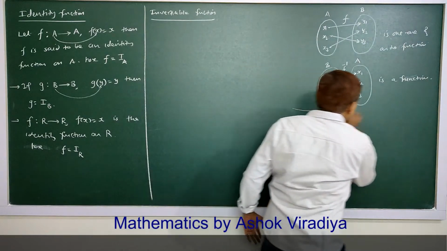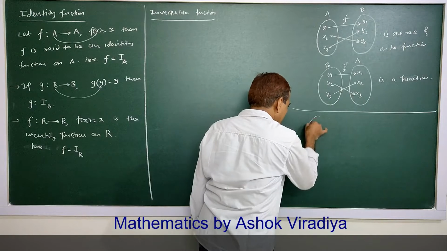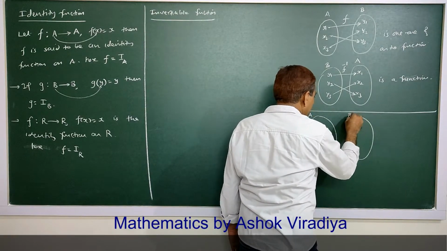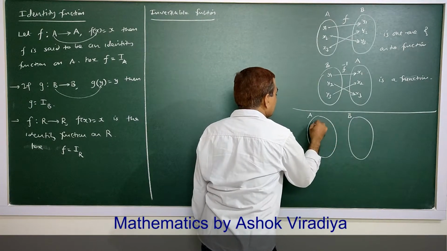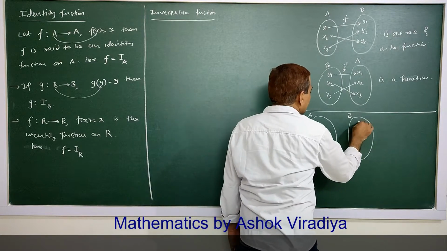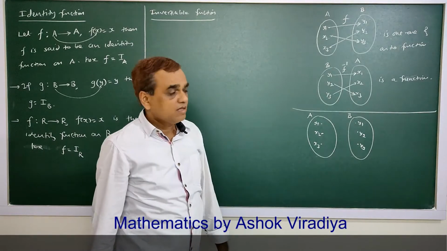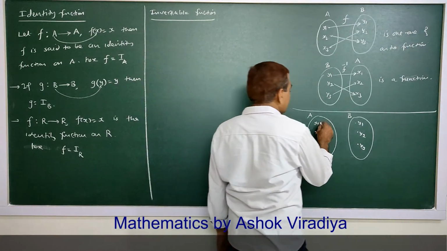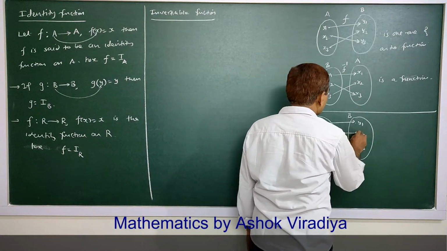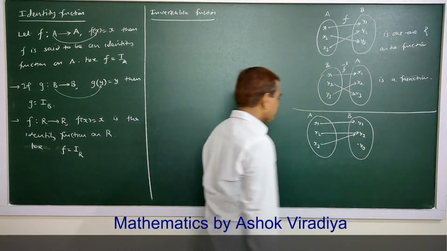Now here I take one more diagram. Suppose this is A, this is B, here x1, x2, x3, y1, y2, y3. Then x1 is associated with y1, x2 is associated with y2, x3 is associated with y2.